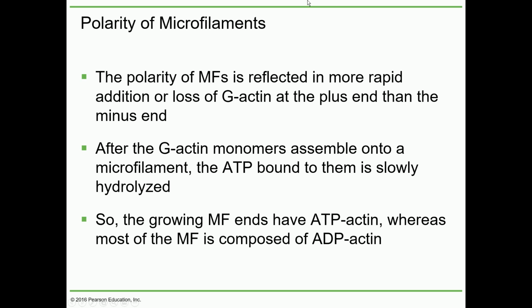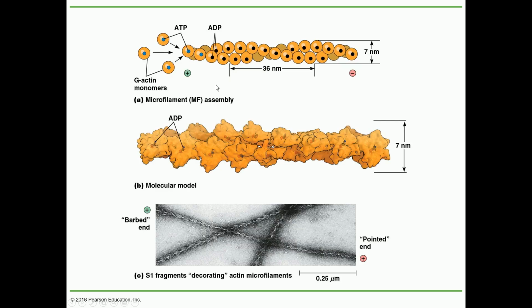Microfilaments also have a polarity, which is reflected in a more rapid addition or loss of G-actin at the plus end than the minus end. After the G-actin monomers assemble into the microfilament, the ATP bound to them is slowly hydrolyzed. You can see that on this side you have G-actins with ATP on them, and on this side you have G-actins with ADP.